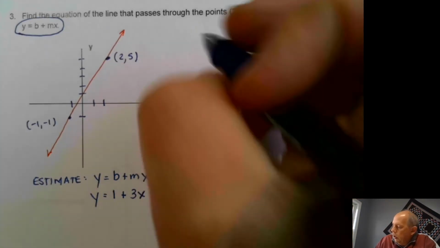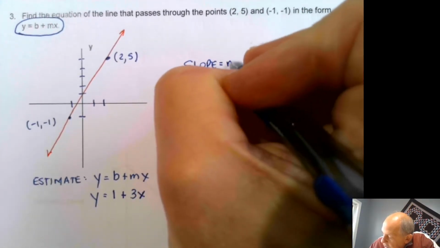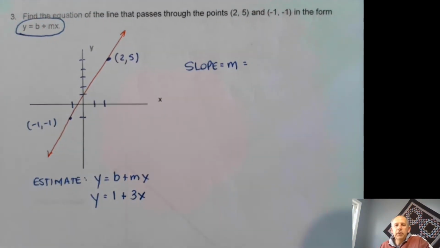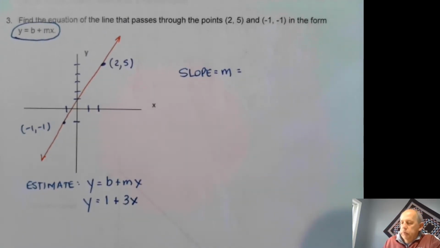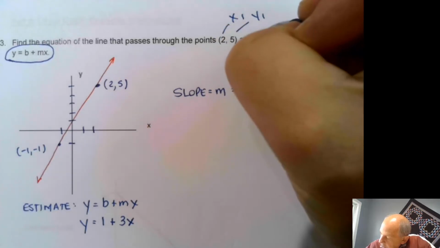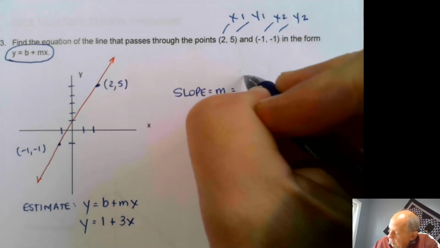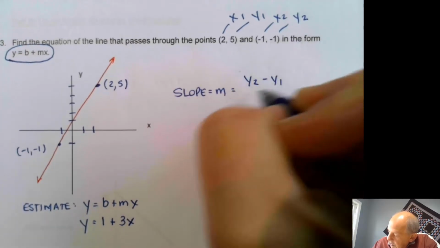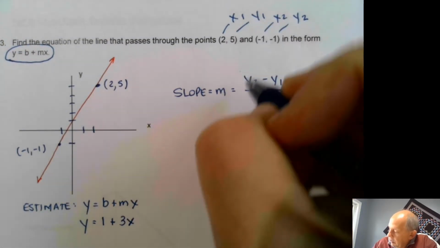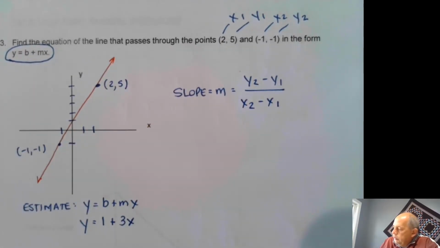Let me come along and find out what the actual values are using my formulas. Let's start with the slope. x1, y1, x2, y2: y2 minus y1 over x2 minus x1.